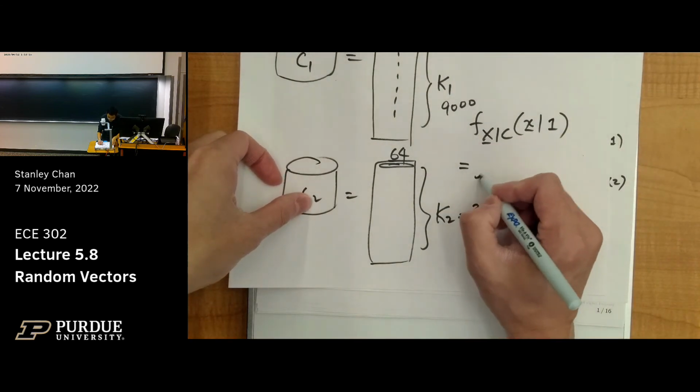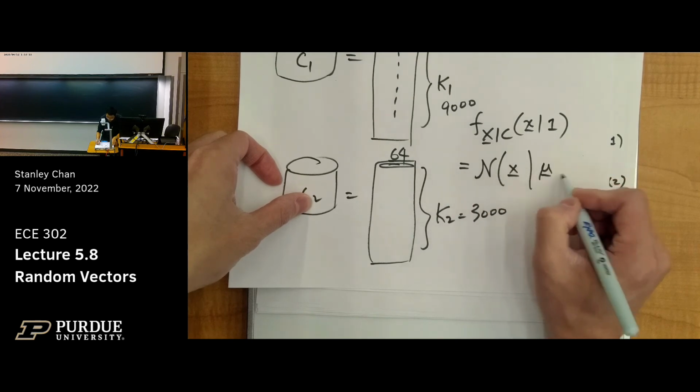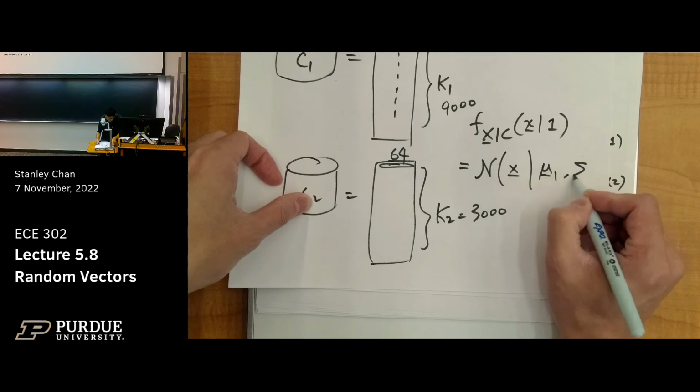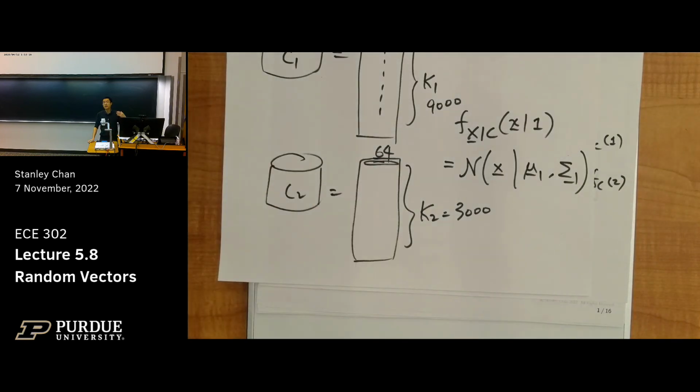That means it is a Gaussian of some vector given class, with mu 1 and then sigma 1. Every Gaussian is specified by the mean vector and the covariance matrix. If I tell you the mean vector and the covariance matrix, you will be able to define this Gaussian distribution. It's a parametric family.